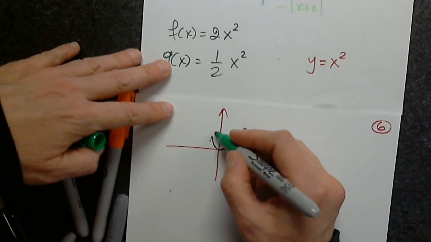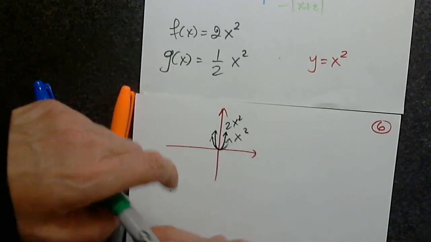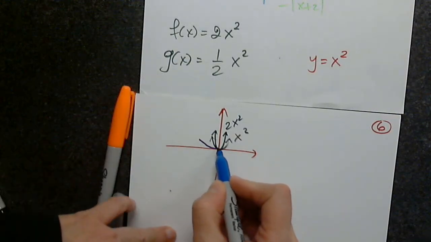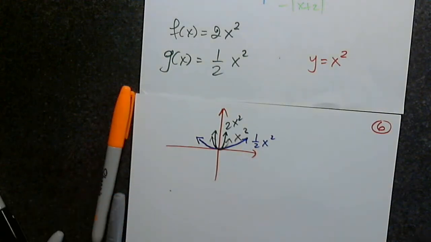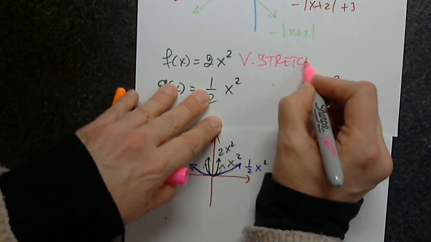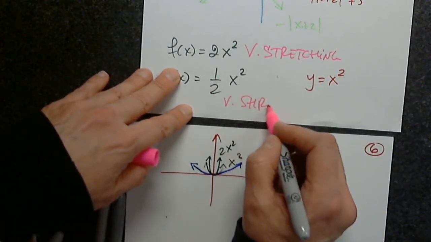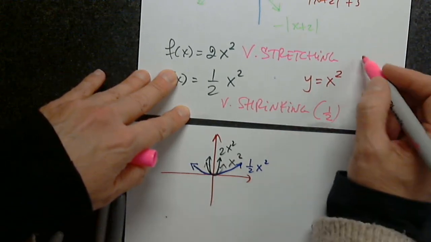So here is twice x squared, and here is 1/2 x squared. The first one is a vertical stretching by a factor of 2. And this one is a vertical shrinking by a factor of 1/2.